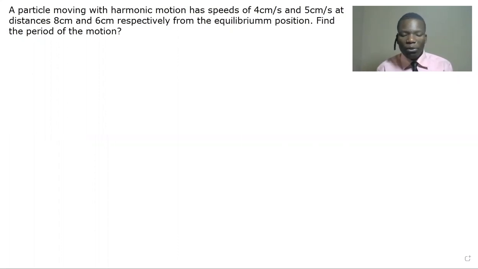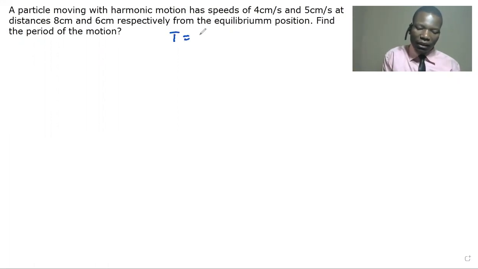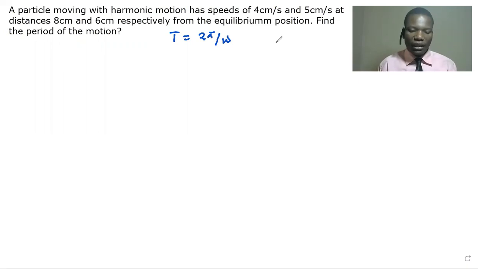Okay, so we've been asked to find the period of the motion, and we know that the period of the motion is given by this formula: 2 pi divided by the angular frequency, omega. But if you check, we don't have the angular frequency.